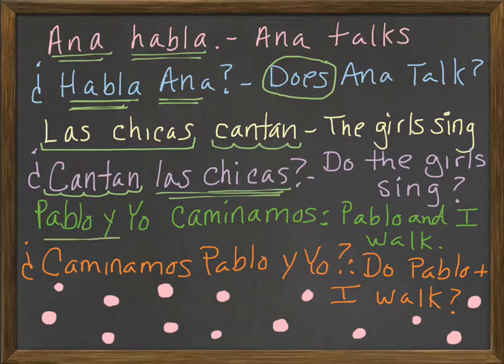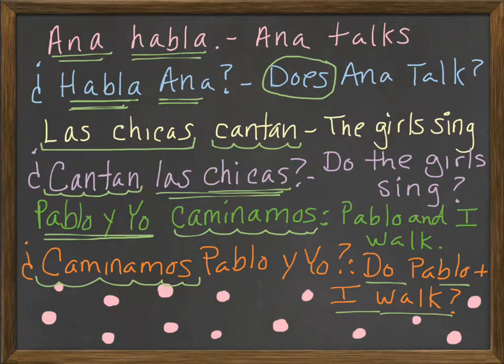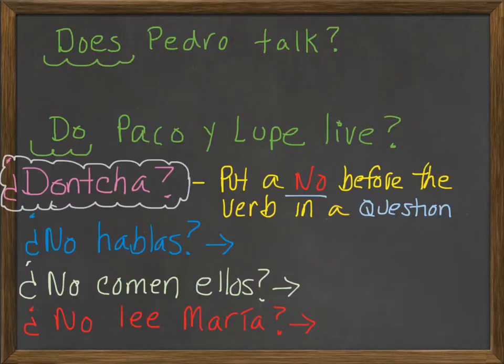Pablo y yo, that's the subject, Pablo and I. Caminamos, we walk, that's the verb. I want to ask, do Pablo and I walk? I would have to put, again, the verb first, followed by the subject. Hopefully you're starting to see that pattern and feeling more comfortable with it.